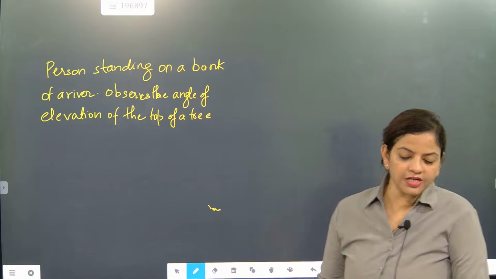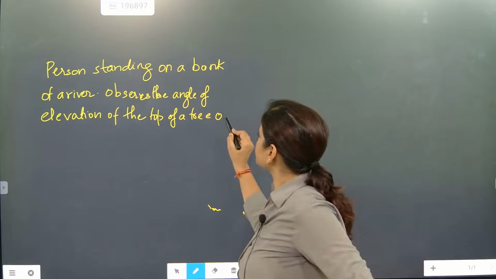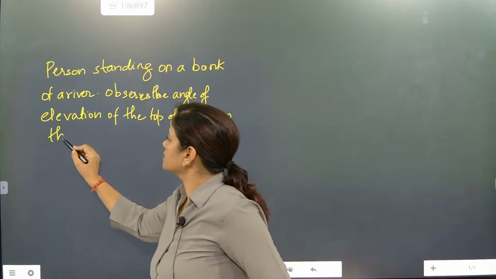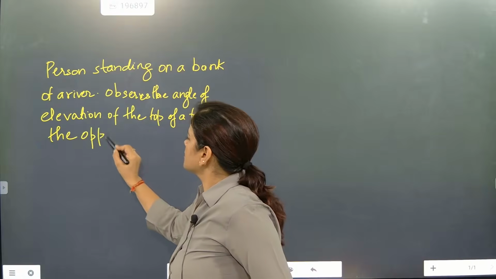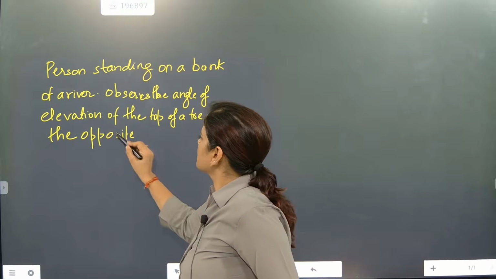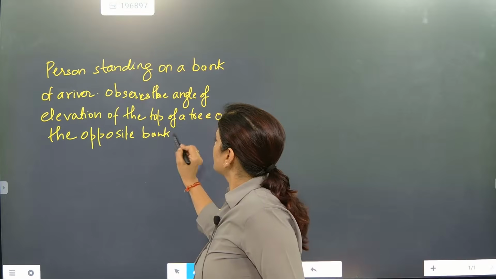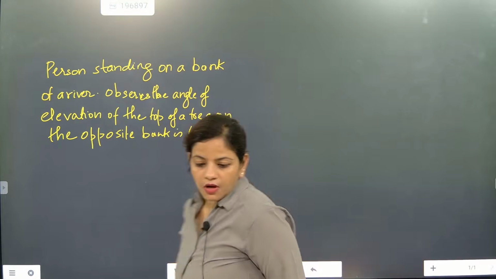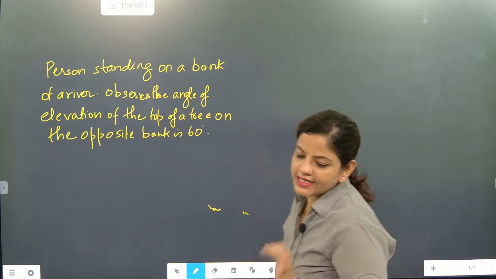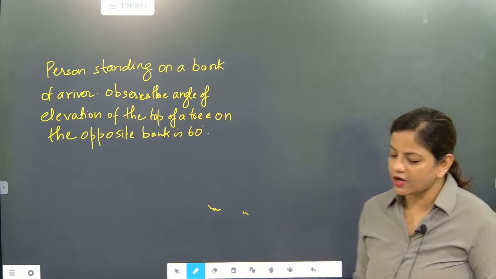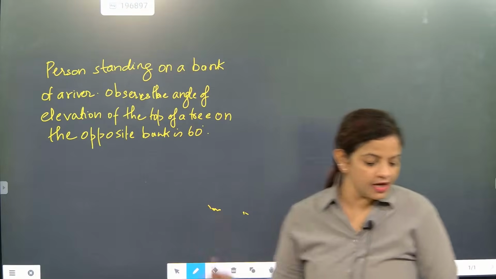On the opposite bank is 60 degree. What is the angle of elevation, beta? 60 degree.